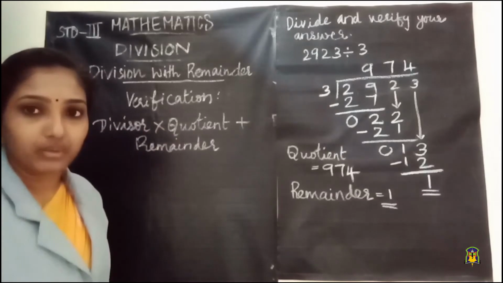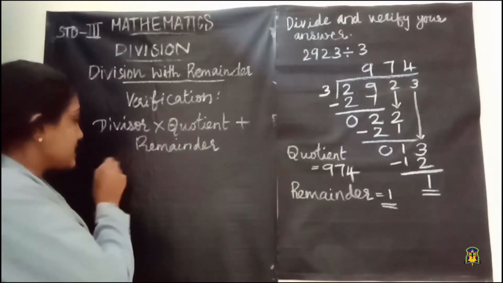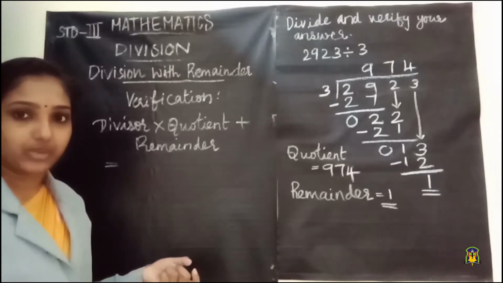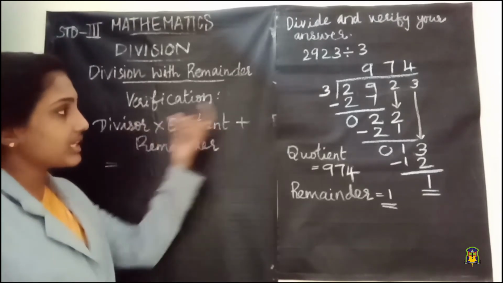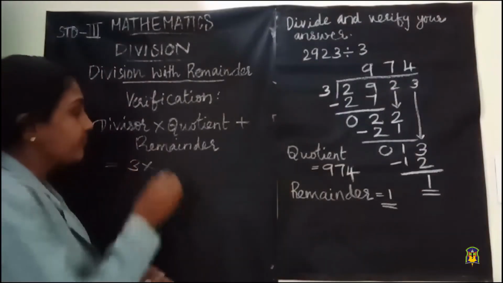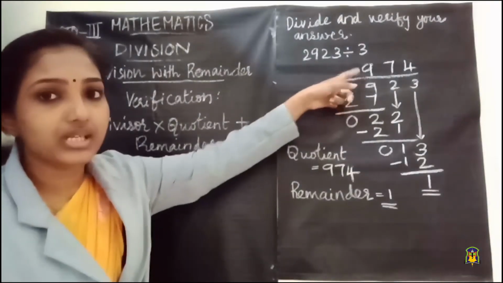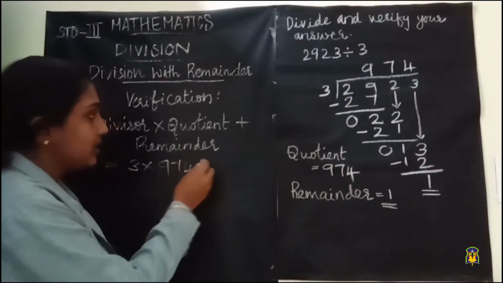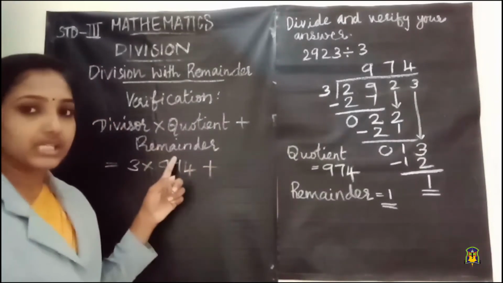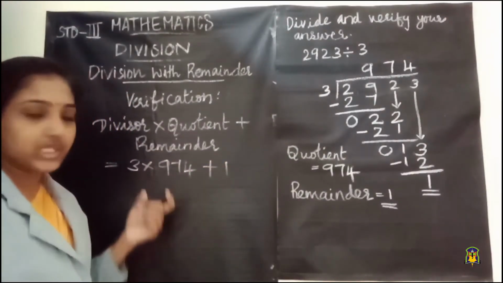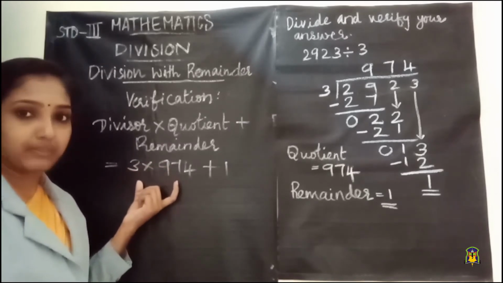Divisor into quotient plus remainder is equal to, and we will check whether we get our dividend itself after doing this. Okay, so what is the divisor here? It is 3. So it is 3 into quotient. Quotient is 974 plus remainder. What is the remainder? It is 1. Okay, so first we can do our multiplication.